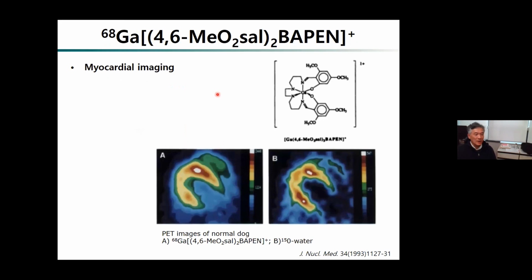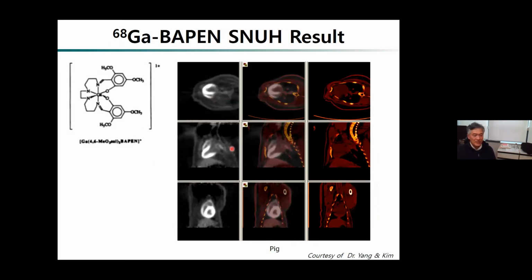And gallium BAPEN can be used as a myocardial imaging agent. Here you can see it is almost the same as the O15 water imaging with gallium-68 BAPEN. And also you can see the high myocardial uptake in the peak.